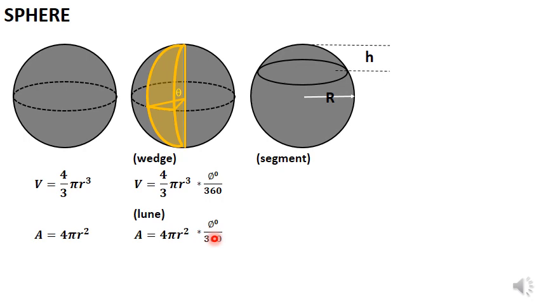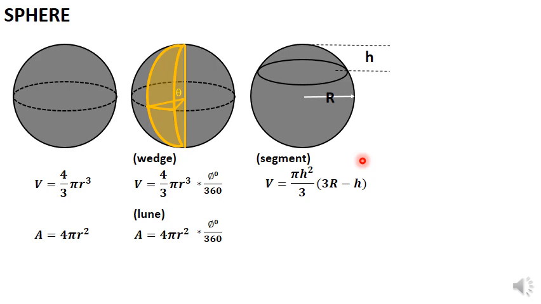Okay, now let us consider another object. Here is a sphere and we cut it on this side. What we get here is a segment. This one is a minor segment, this one is the major segment. Now, how do we compute the volume of the segment?